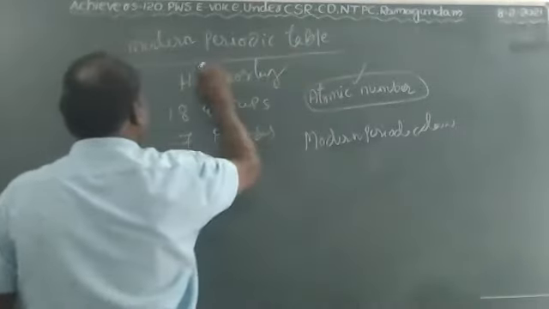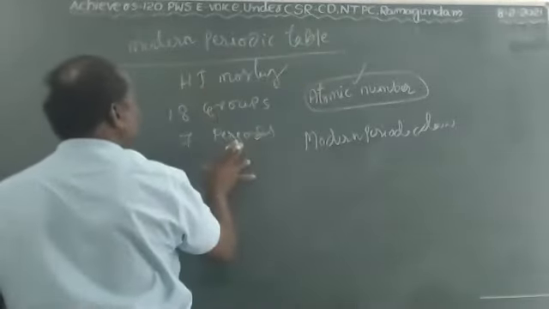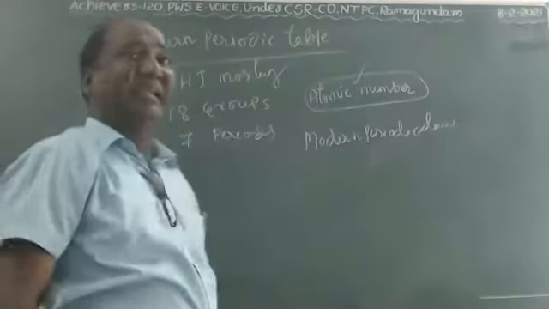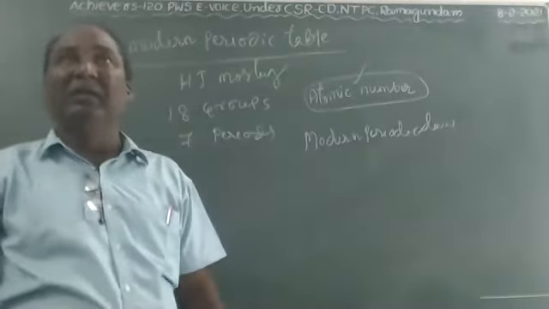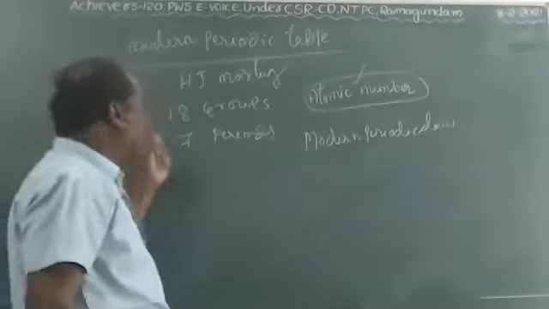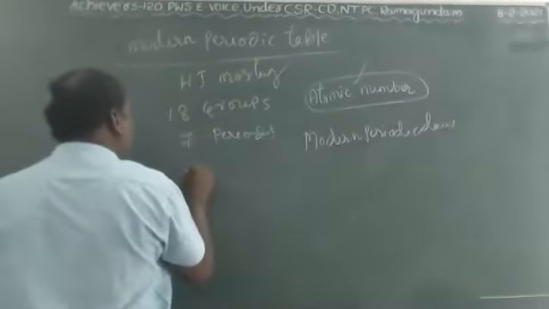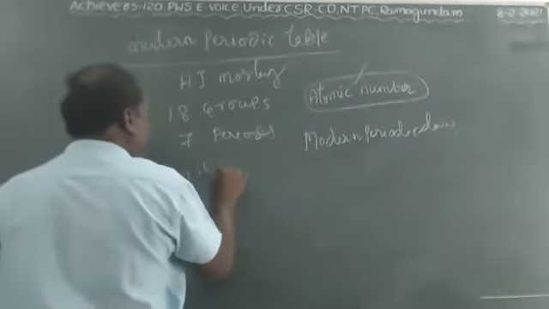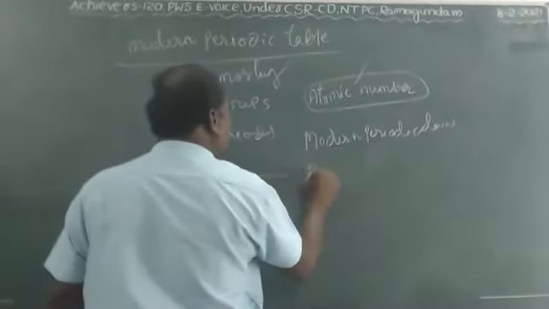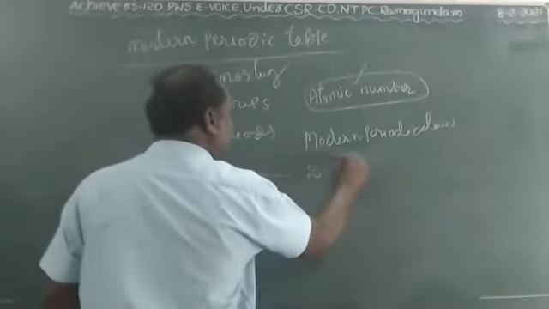The modern periodic table consists of 18 groups and 7 periods. The total of 118 elements fit into the periodic table according to the groups. The first period consists of 2 elements.